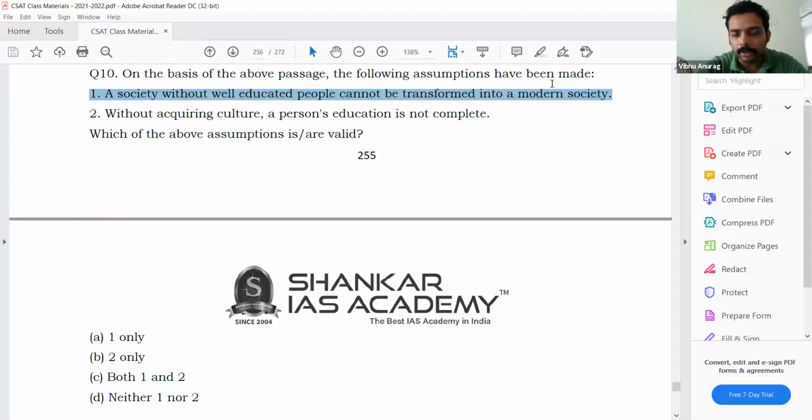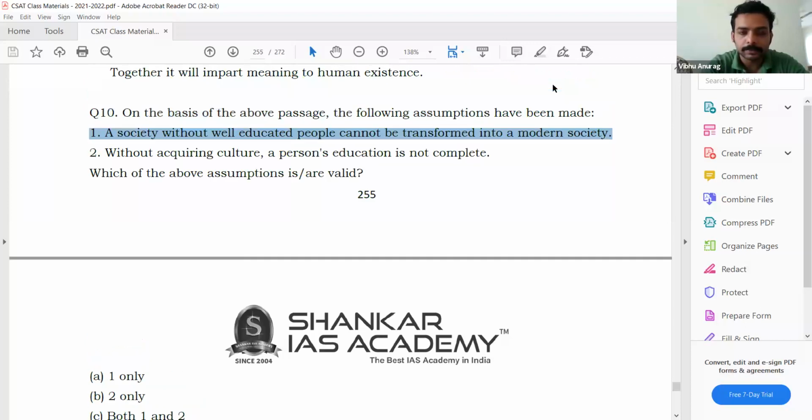It's not as if it's said that it cannot be transformed. He's just giving suggestions that this is what we should do. It's not really given that if you don't have well-educated people, you cannot transform. The opposite is not implied.